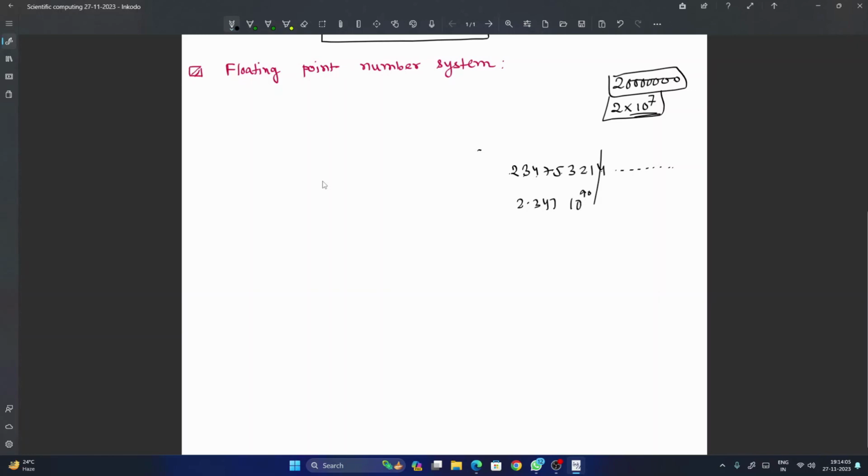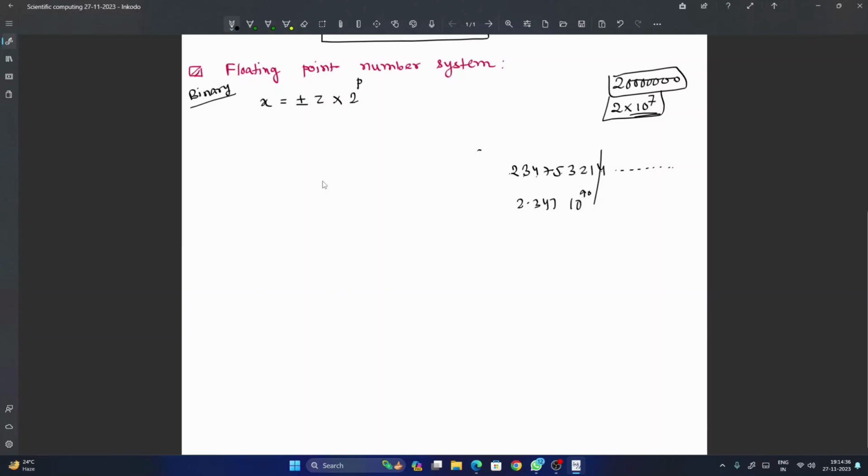So now you can see how many total digits are there in your number and how large your number is. That's why every floating point number looks like x equal to plus or minus z. If it is a binary machine, it will be z into 2 to the power of p.